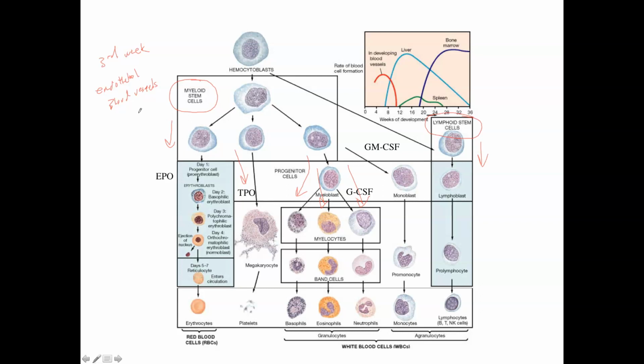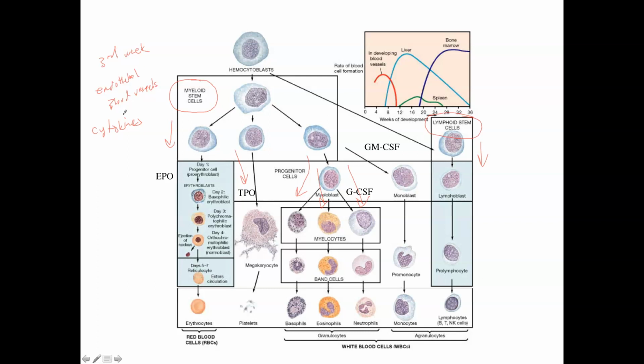initially produce blood. And in order to do that, there needs to be chemical signals. So this vascular endothelium is producing cytokines. Okay, so vascular endothelium is just referring to these endothelial blood vessels. They're producing cytokines. Cytokines are cellular chemicals that are essentially controlling hematopoiesis from this early stage of development.